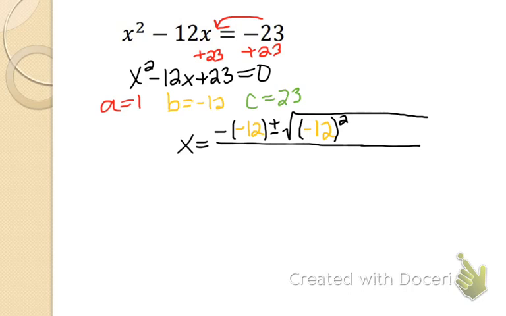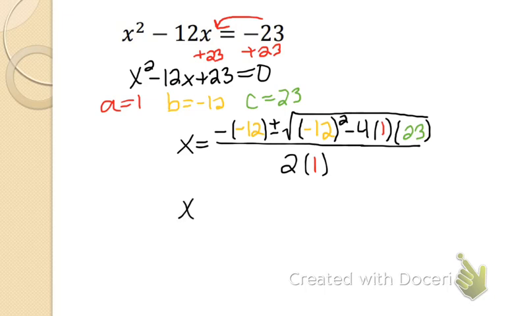So it's negative b, negative 12, plus or minus the square root of negative 12 squared minus 4 times a, which is 1, times c, which is 23. All of this divided by 2 times a.